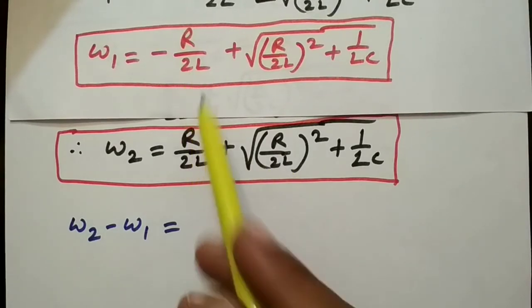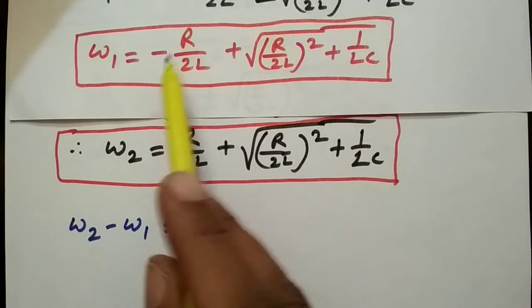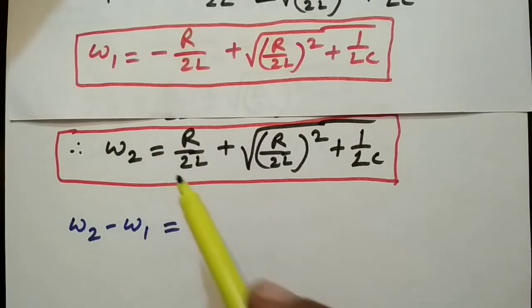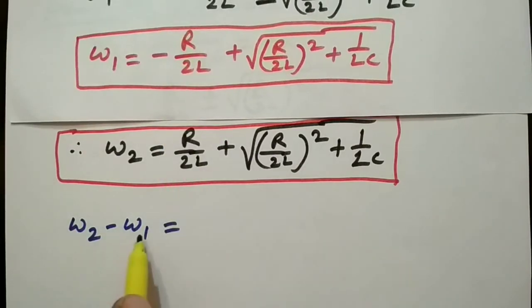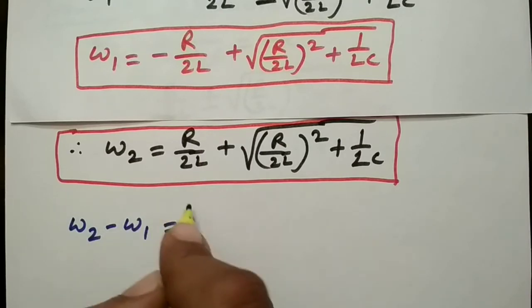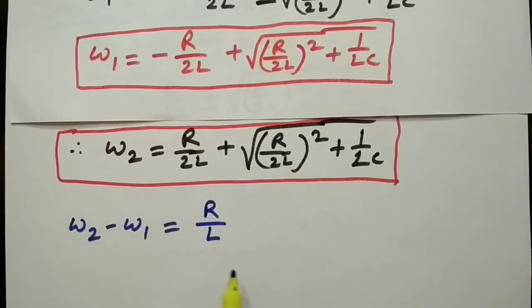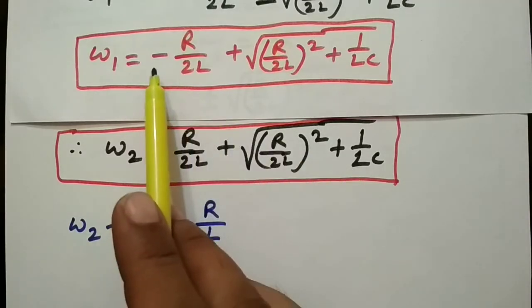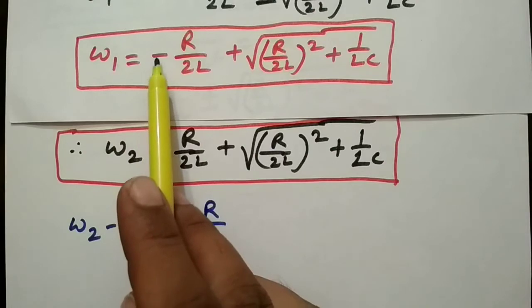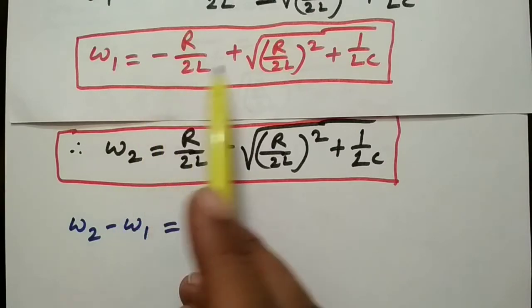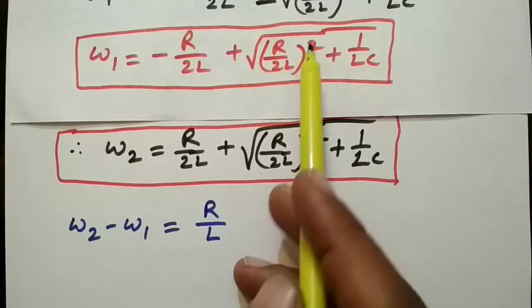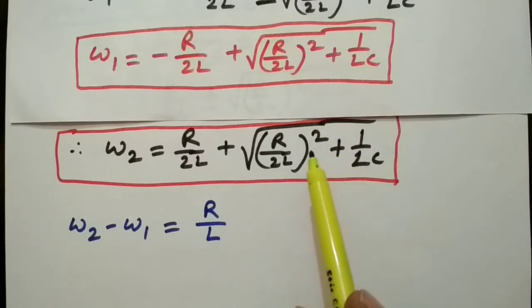And the first term, it is R by 2L and it is minus R by 2L. So if we subtract omega 1 from omega 2, it will be R by L only. Because this is omega 2 minus omega 1. So minus minus it will become plus, and these two values will be cancelled. So finally omega 2 minus omega 1 will be equal to R by L.